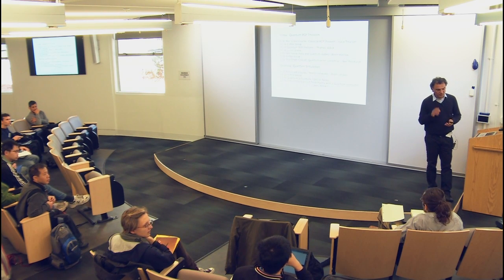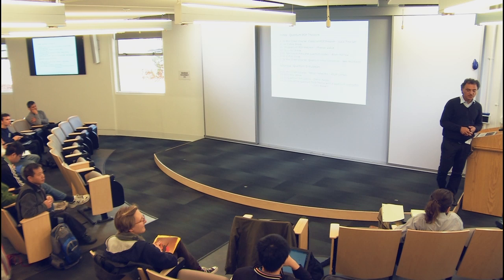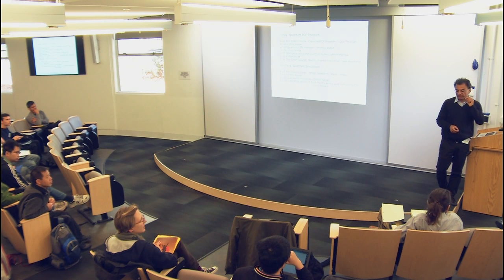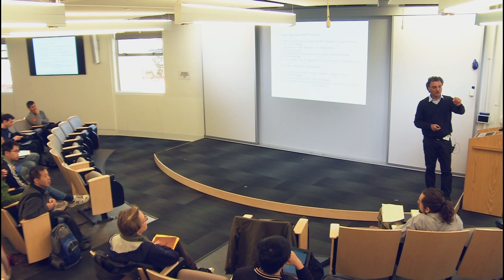So let me try to at least say what I understood of the question and then answer it. Maybe you're saying, well, let's say you found the ground state, but now you want to simulate the dynamics in the neighborhood of that ground state. Then how hard is that?